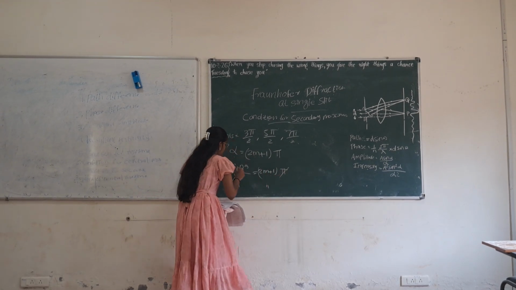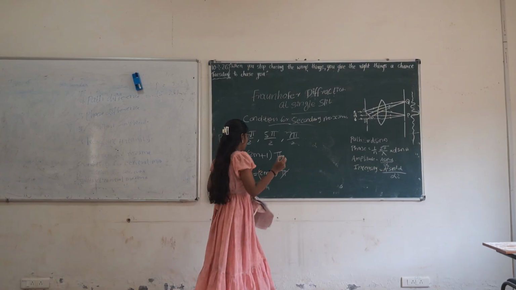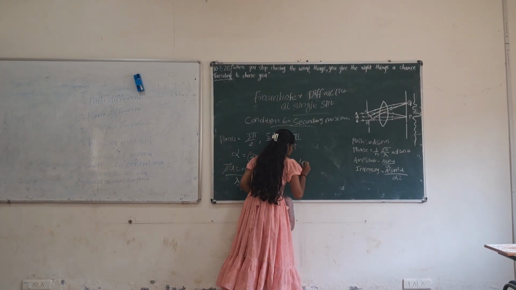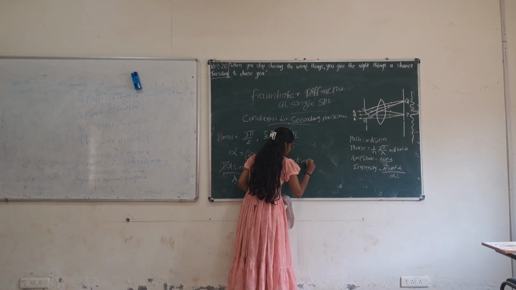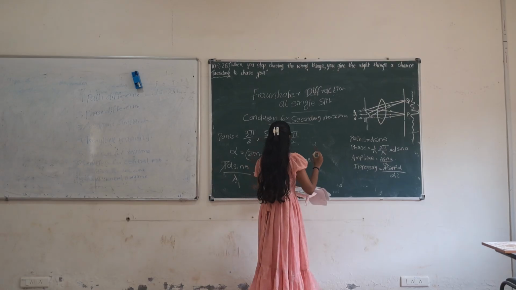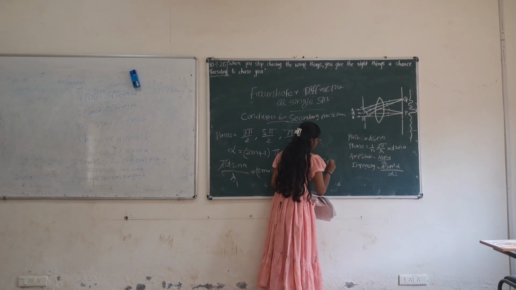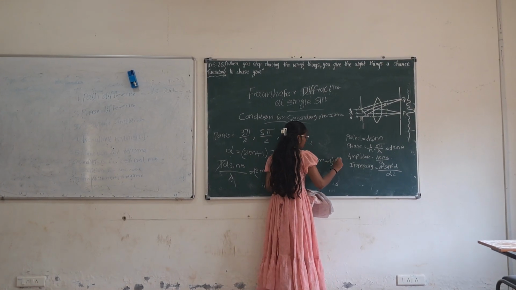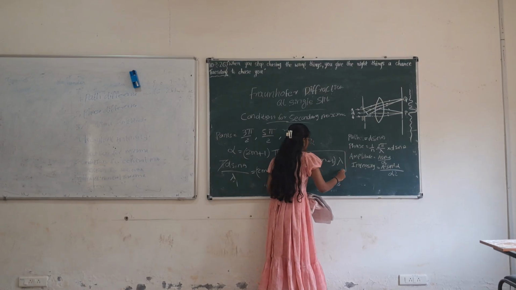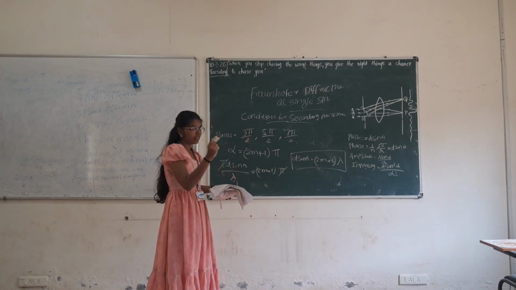Cut the pi on both sides. So 2b sin theta equal to (2m plus 1) into lambda. This is the condition for secondary maximum.